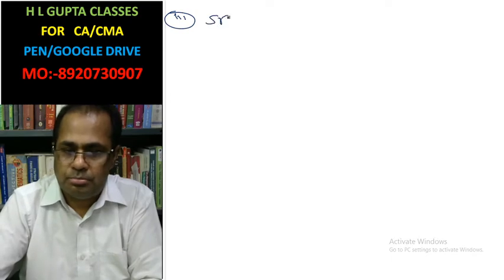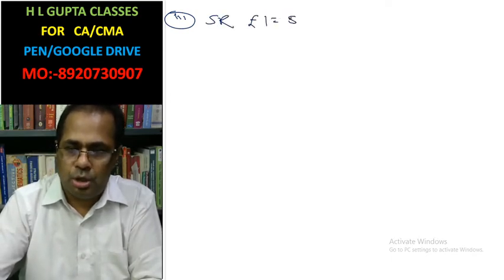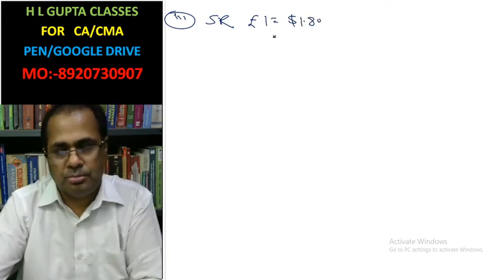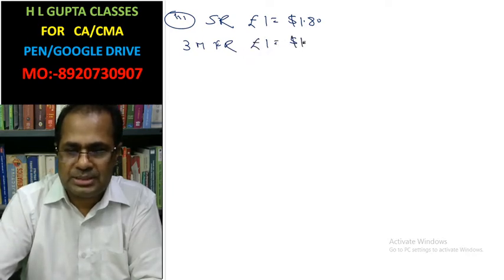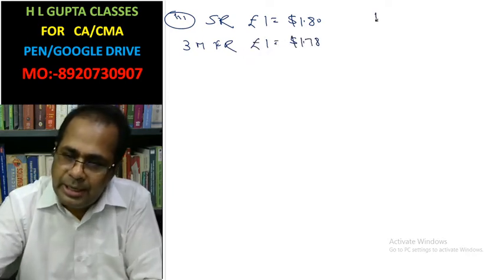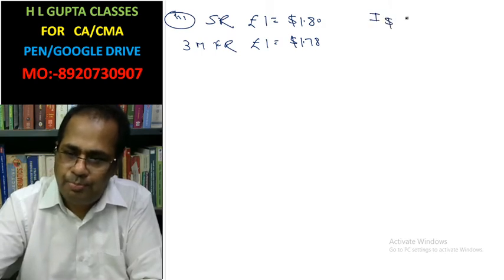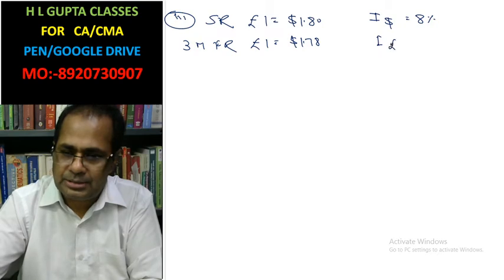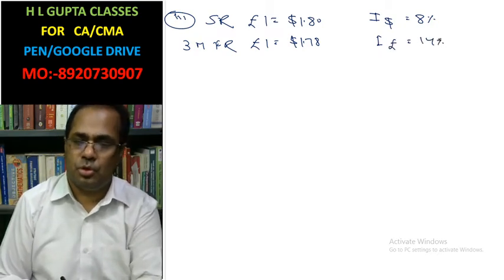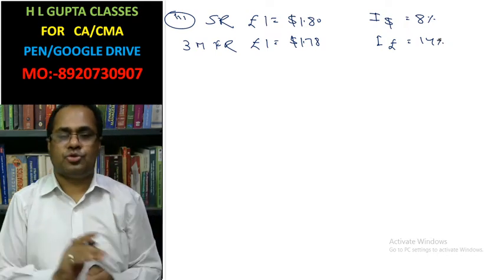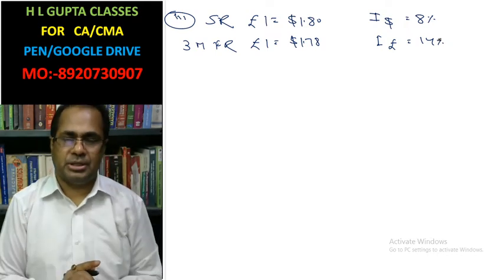Spot rate pound 1 equal to $1.80, 3 month forward rate pound 1 equal to $1.78. Interest rate of dollar is 8%. Interest rate of pound is 14%. Now, where should it be invested for better results?